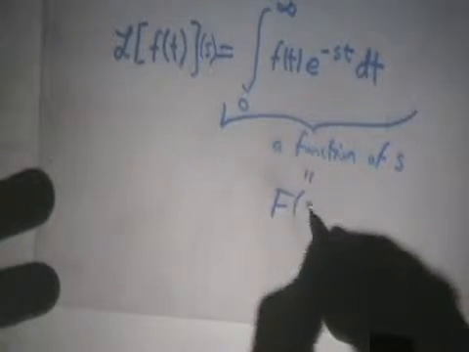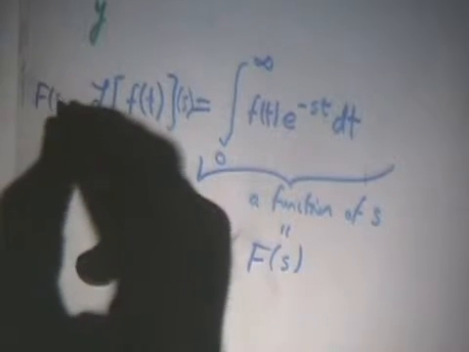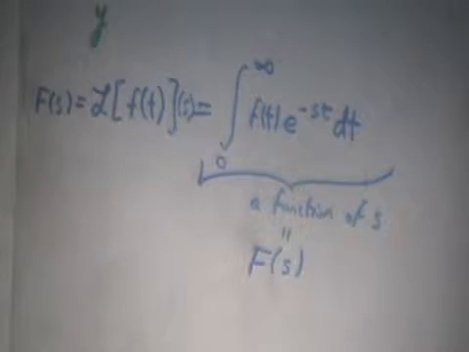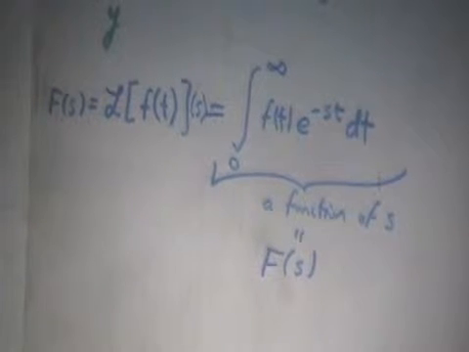Another bit of notation: because this new function is related to the old one being called little f, the new one we might call big F of this new variable s. And we might call it big F of s at the start. More consistently with what our book does, if we take the Laplace transform of y, where y is an unknown function of t, that will give us a function of s that we'll call capital Y of s.